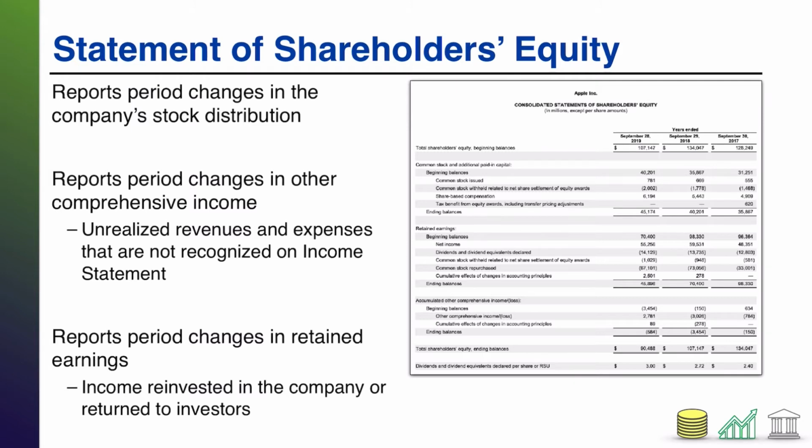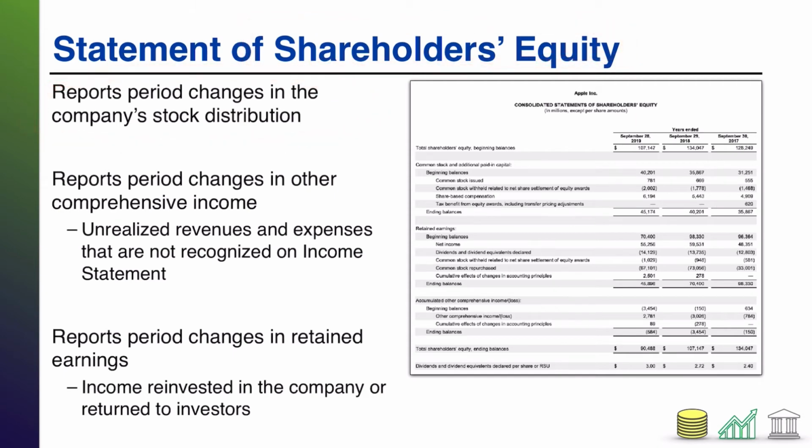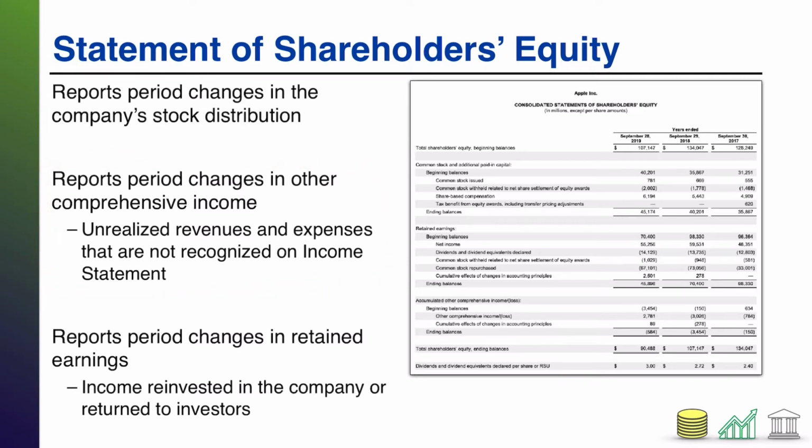And so specifically the things it's going to talk about is changes in the company's stock distribution. If you think about the shareholders' equity section of the balance sheet, it contains all of the company's stock on it. They're going to tell you about changes in other comprehensive income that have occurred during the period. If you're unfamiliar with other comprehensive income, these are essentially things that would otherwise be revenues and expenses, but because of the way they are treated and the nature of what they are, they aren't recognized on the income statement yet.